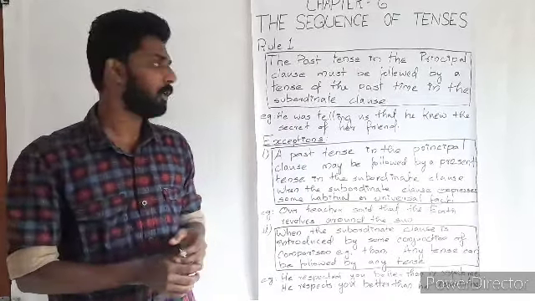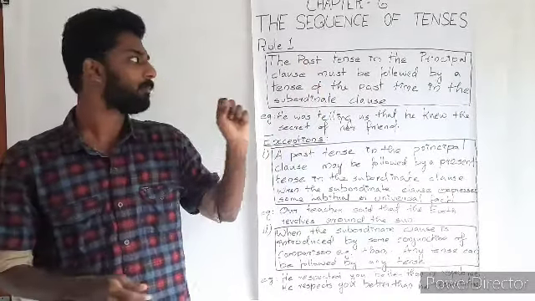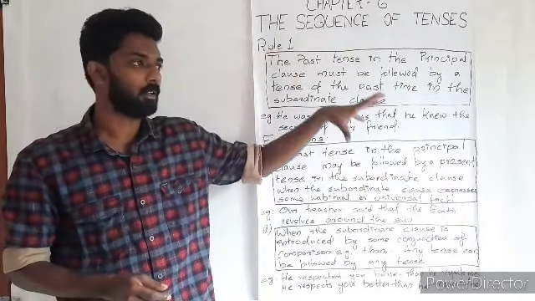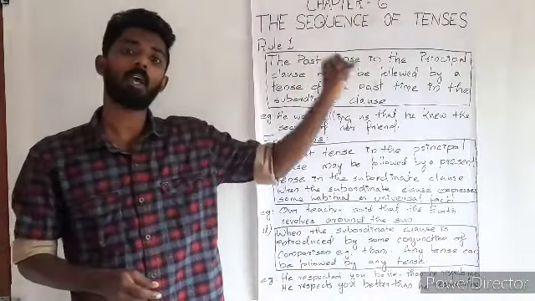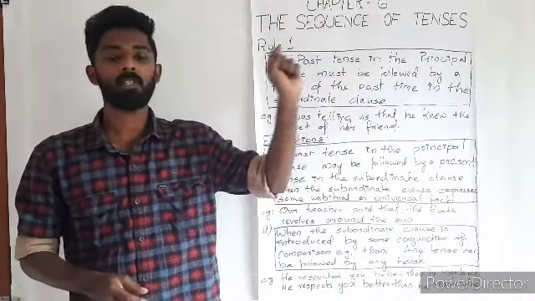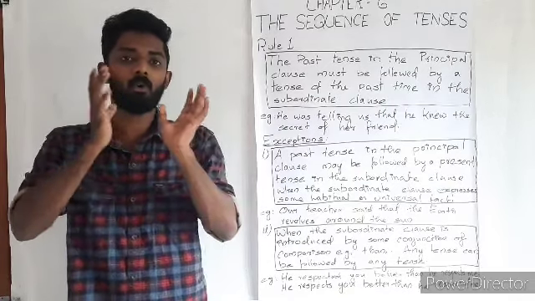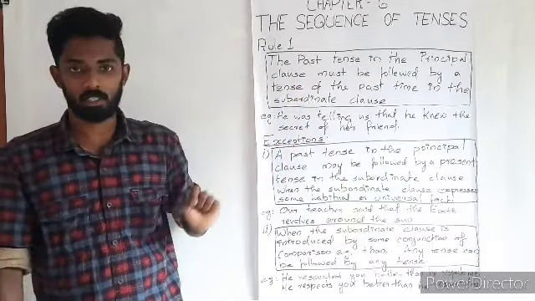So the first rule, I think, is clear to you. The principal clause has to be in the past tense, and the subordinate clause also has to be in the past tense. So this is the main, or the first, rule with regard to sequence of tenses.